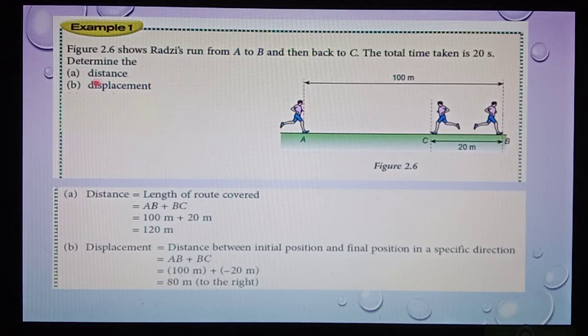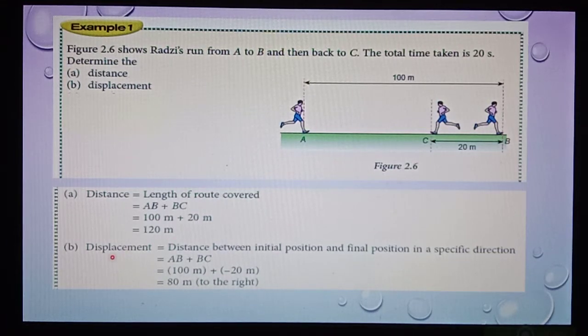Displacement is the distance traveled in a specified direction, or the shortest distance from initial point to final point. So distance equals the length of route covered, AB plus BC. We just total up: 100 plus 20 is 120 meters.